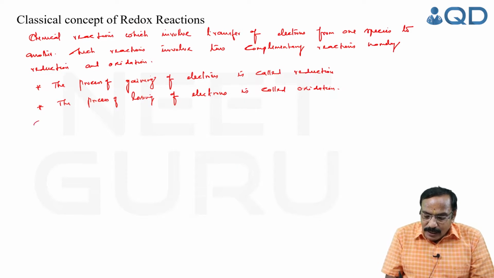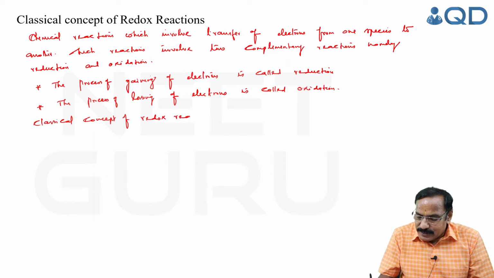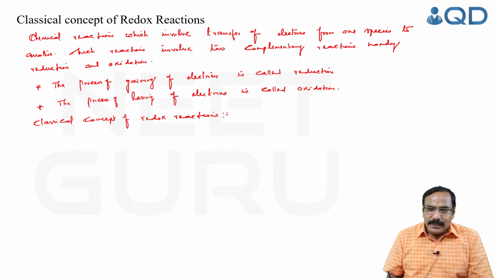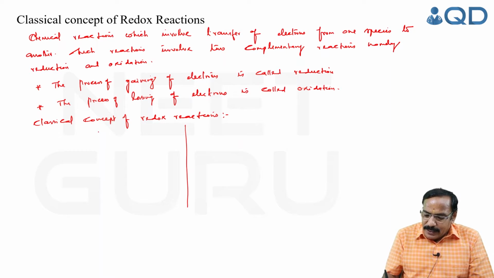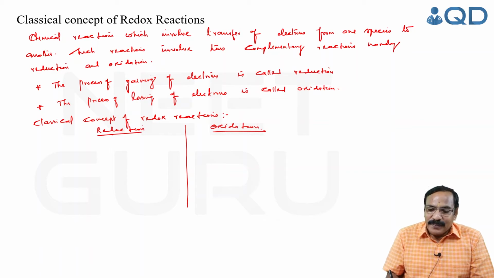What about the classical concept? That is the old concept of redox reactions. Let me write reduction in one column and oxidation in the other column.